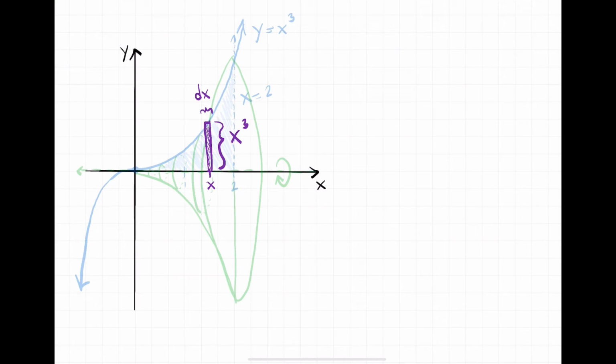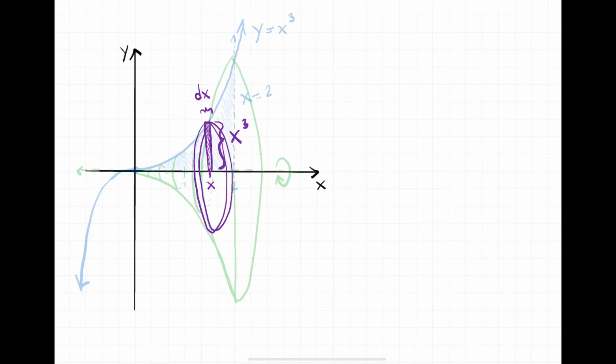What happens when you rotate that rectangle about the x-axis, as you've rotated the entire region about? Well, you're going to rotate that rectangle around the axis that it's perpendicular to, and it's going to trace out what will look like a big circle. In fact, a circle with some thickness, i.e. a disk.